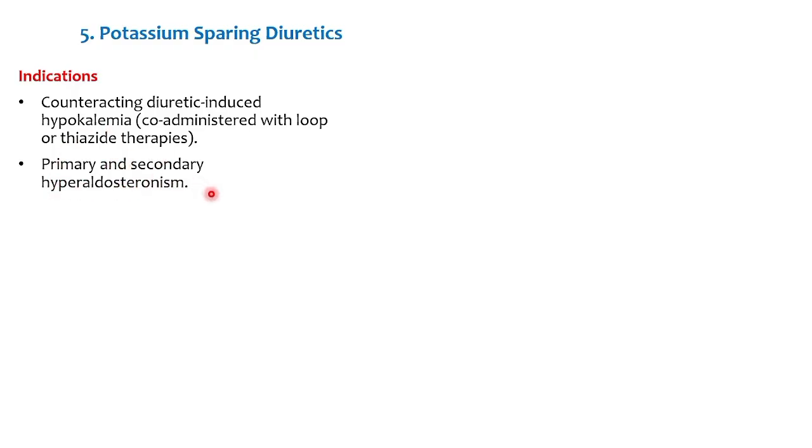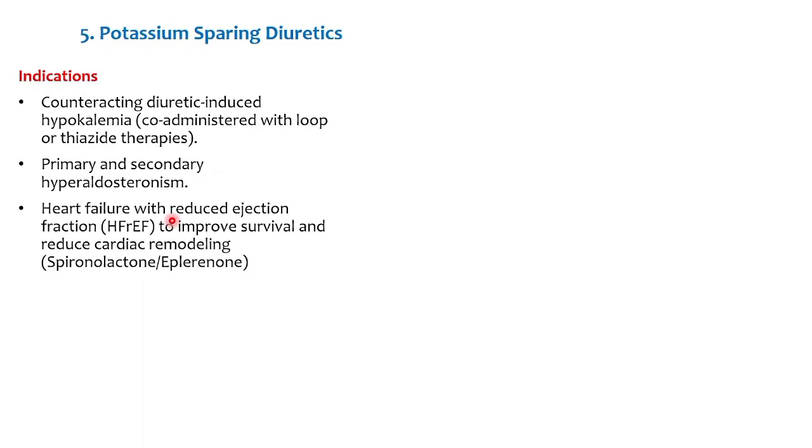The aldosterone antagonists are very good for treating hyperaldosteronism because in this condition there's elevation of aldosterone hormone, and you want to block its action. The best drugs that do that are the drugs that antagonize aldosterone.